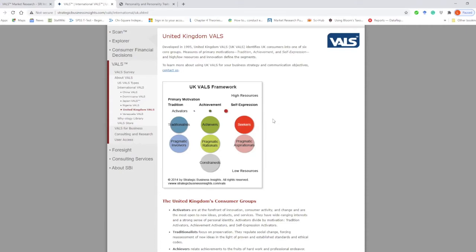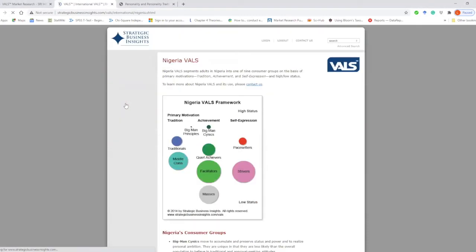So you realize that all the frameworks differ. And I think when you get the chance, you should sit down and peruse the different frameworks and see if it's really spot on. For me, I don't know about consumers in the other markets. I know about the Nigerian consumer. So when I saw it and started going through it, I was like, this is actually spot on.